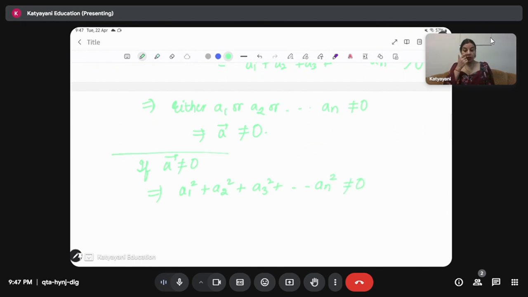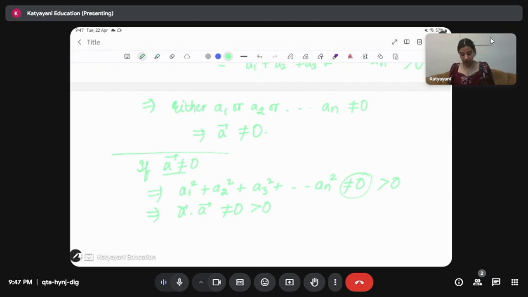If the entire A is not equal to 0, it means at least one of A1, A2, A3 is non-zero, so when we sum their squares it will be non-zero, which implies that, and what is this? This is nothing but the dot product, so A dot A is not equal to 0. Here you can say that it has to be greater than 0 because these are squares. If it is non-zero then it cannot be negative, so it will be positive. So this will also be greater than 0.